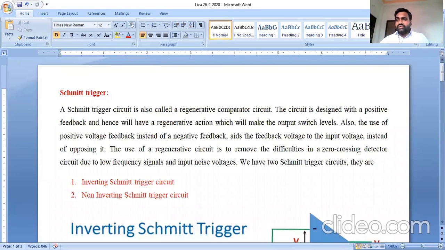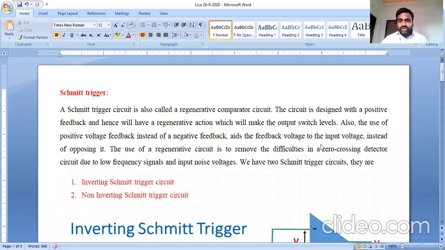The inverting Schmitt trigger is a practical application of the comparator. The previous application we discussed is the zero crossing detector, and now we are discussing the Schmitt trigger. We went through the drawbacks of the zero crossing detector in previous classes.